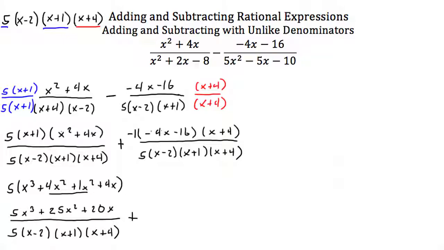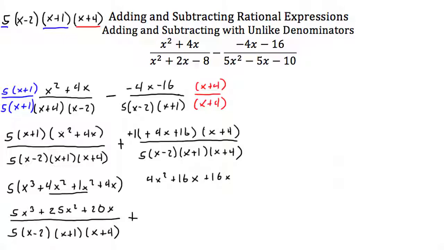Next, I'm going to FOIL out this negative 4x minus 16 and this x plus 4 and this negative 1. If I distribute the negative 1 inside my first parentheses, I'll end up with a positive 4x and a positive 16. Now I'll do my FOILing. 4x times x is 4x squared. 4x times 4 is 16x. 16 times x is another 16x.